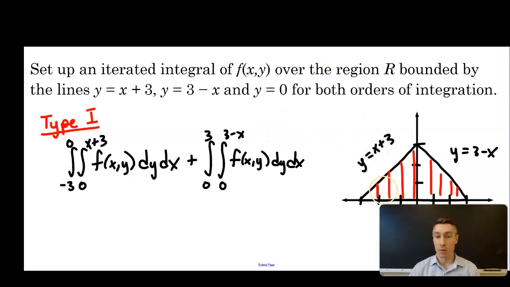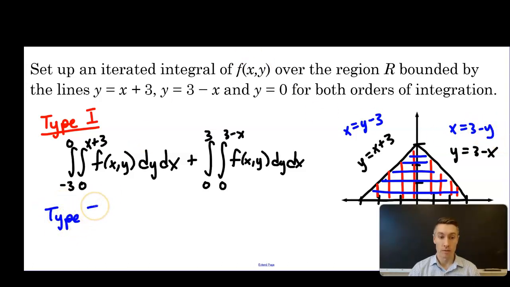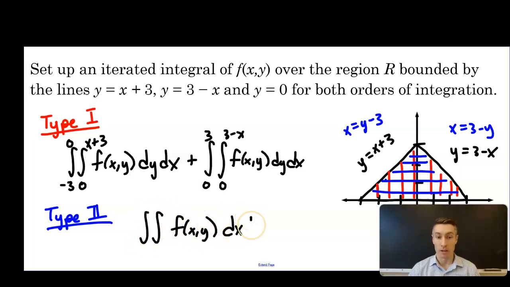Or, if we look at this region horizontally, notice there are no issues. So x here would be y minus 3, and x would be 3 minus y. So as a type 2 region, we only need one double integral. So double integral of the function f of x, y. We're thinking horizontally, so dx dy.